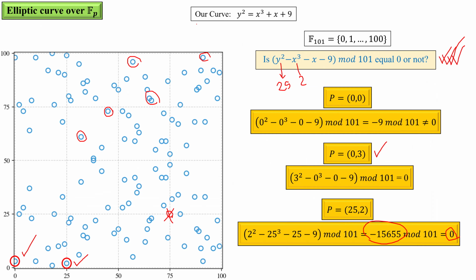So we have a curve and we have a field. From the combination of a curve and a field, we will have a set of discrete points that we later use for cryptography.